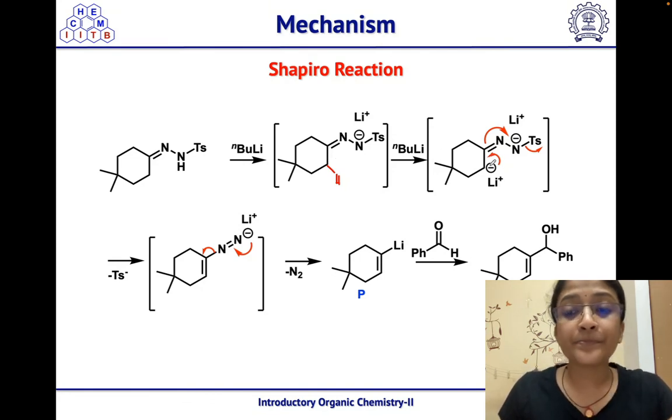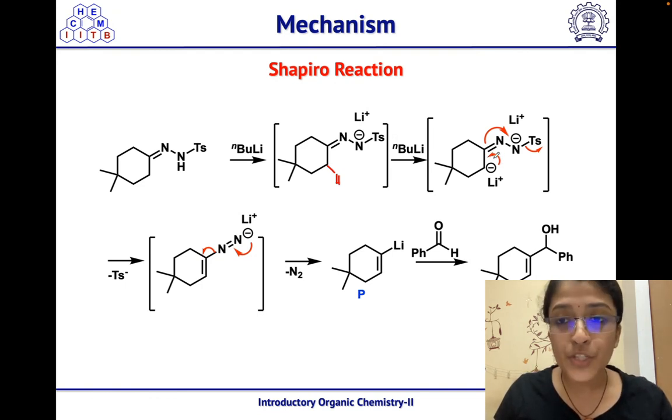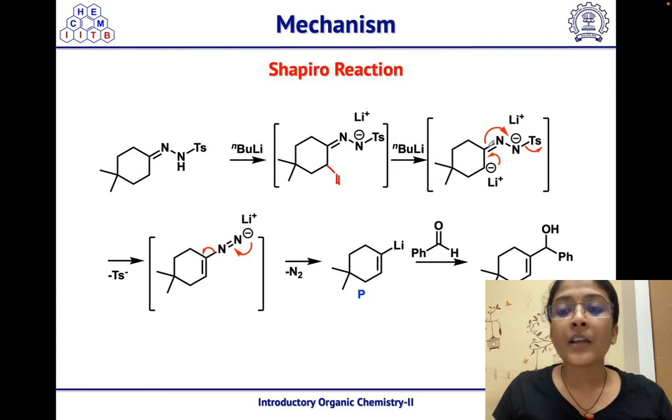So this negative charge that is generated alpha to the hydrazone, it will migrate in this fashion as shown in this arrow pushing mechanism, and this tosyl group will be removed and we will get an intermediate like this.